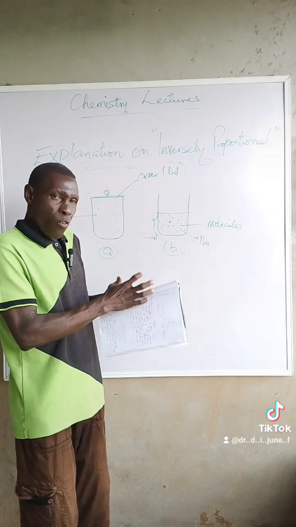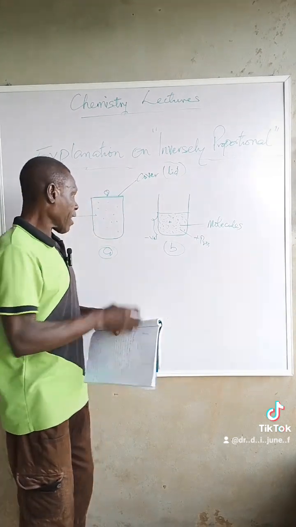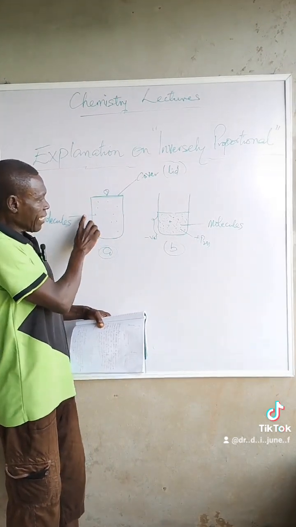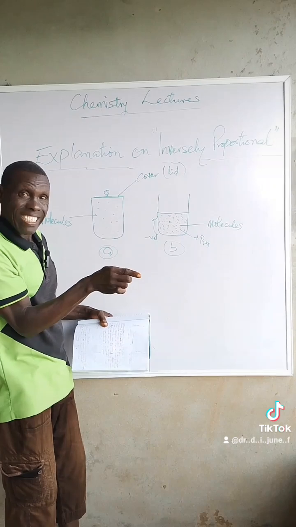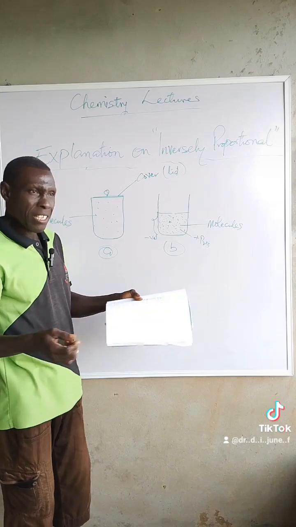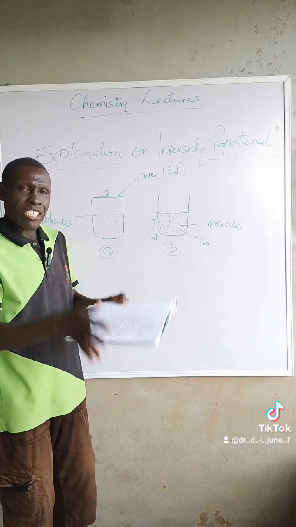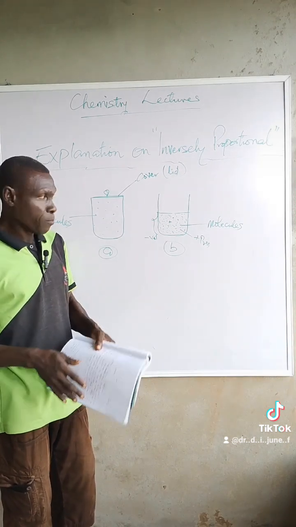So when one of the parameters is increasing, the other one decreases. Look at it now. The volume here is increased. The pressure decreased because the spaces are far apart, so the collision is reduced, and the pressure per unit area is reduced.